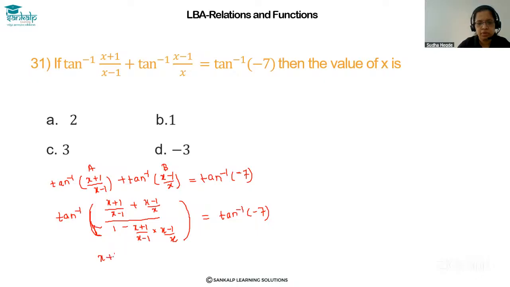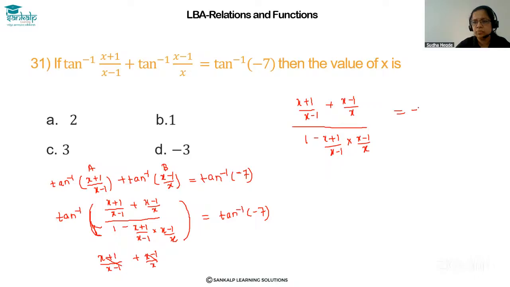So I will write this one here. It is (x plus 1) divided by (x minus 1) plus (x minus 1) divided by x, whole divided by 1 minus (x plus 1) divided by (x minus 1) into (x minus 1) divided by x, that is equal to minus 7.